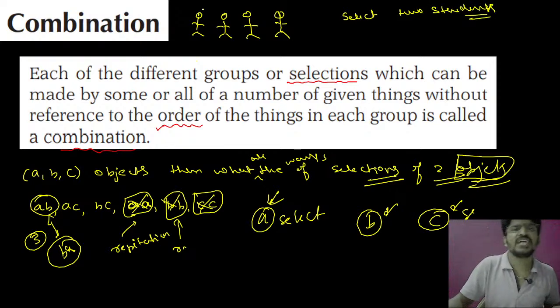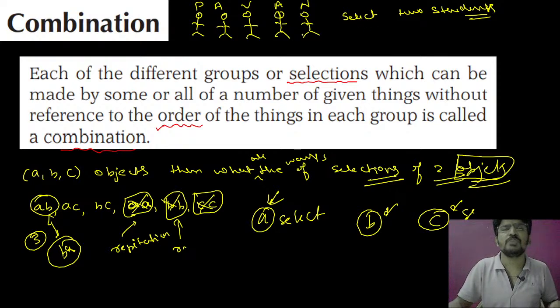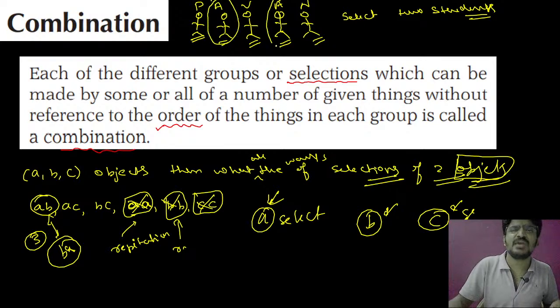Take the names P, A, V, A, and N. Here A is repeating. That means these 2 are the same person or the same student. Are you getting my point? So I can't repeat that.